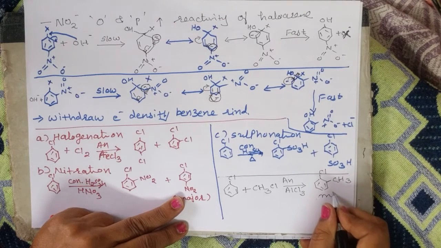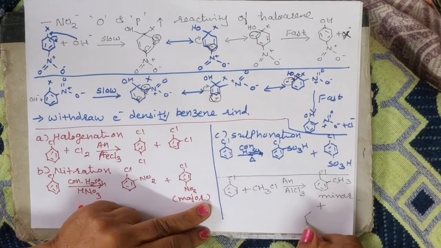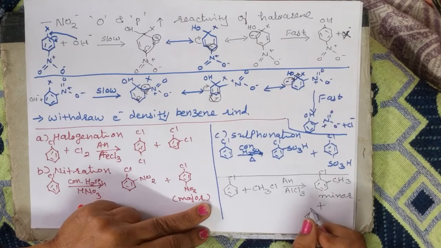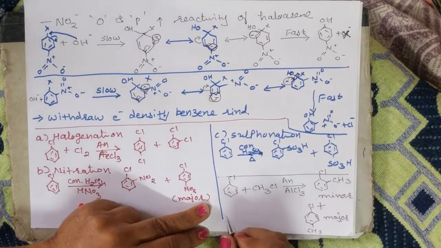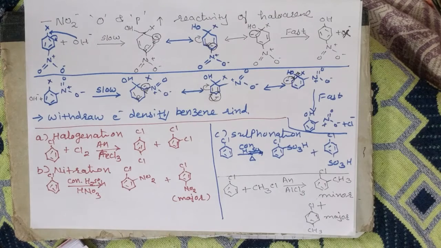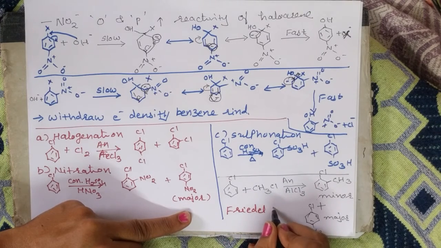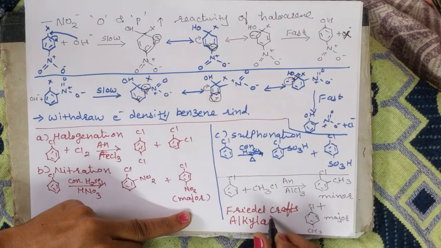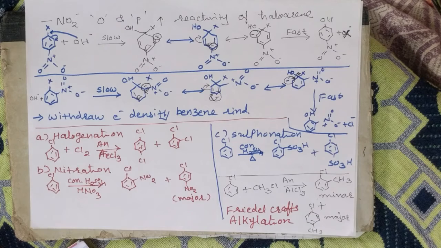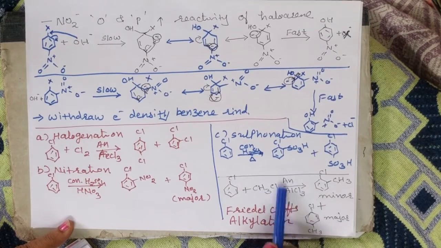This is your minor product, 1-chloro-2-methylbenzene, plus Cl with CH3 here. 1-chloro-4-methylbenzene is your major product, and this reaction is known as Friedel-Crafts alkylation. This reaction is also asked quite often in exams. So whenever we are doing alkylation, we add methyl chloride and anhydrous AlCl3.